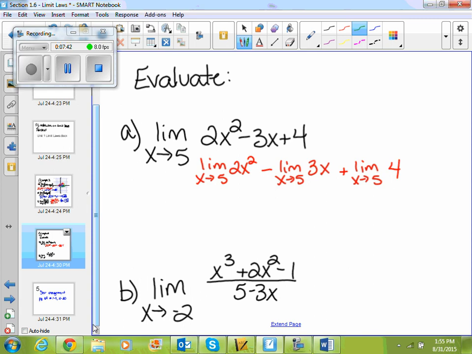The easiest way to evaluate a limit is to use direct substitution, if possible. So I'm going to directly substitute that 5 in for x. So I get 2 times 5 squared minus 3 times 5. And what do I know about the limit of a constant function? I think it's rule number 7. The limit as x approaches 5 of 4 is just 4.